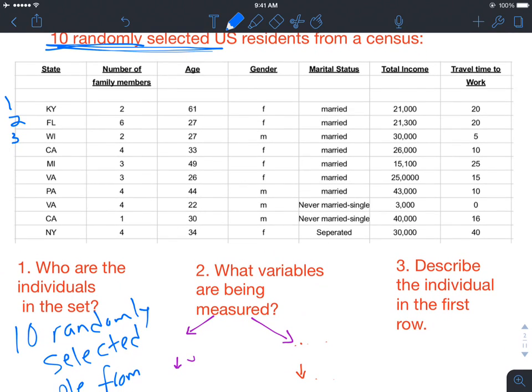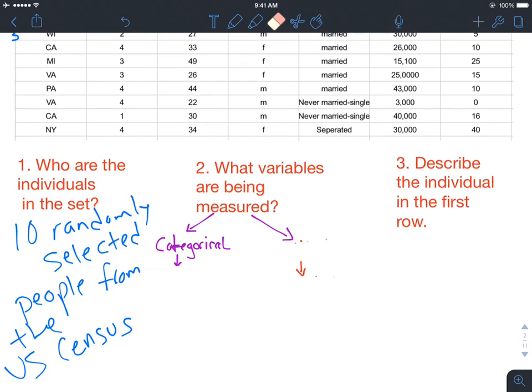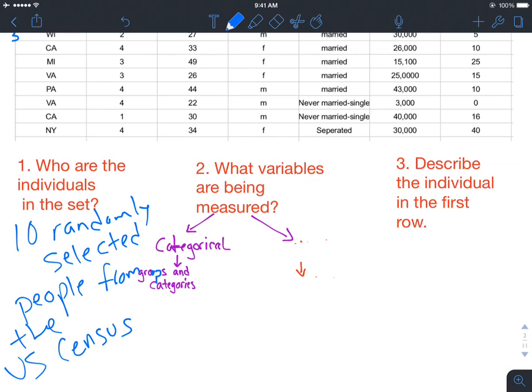The second thing we'd ask ourselves is what variables are actually being measured. And there are two types of variables here. You're going to get categorical variables, and categorical variables are usually put into groups and categories. Usually these have names.